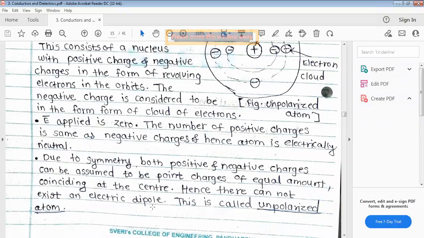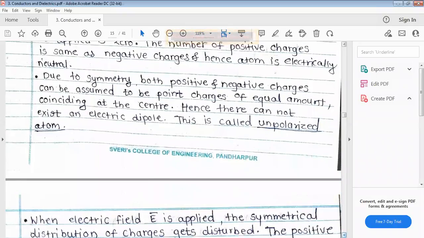So there is no distance from the center between the positive and negative charge. At that time, this atom is unpolarized. So when does it become polarized? When you are giving the external electric field, or when you are applying the electric field.